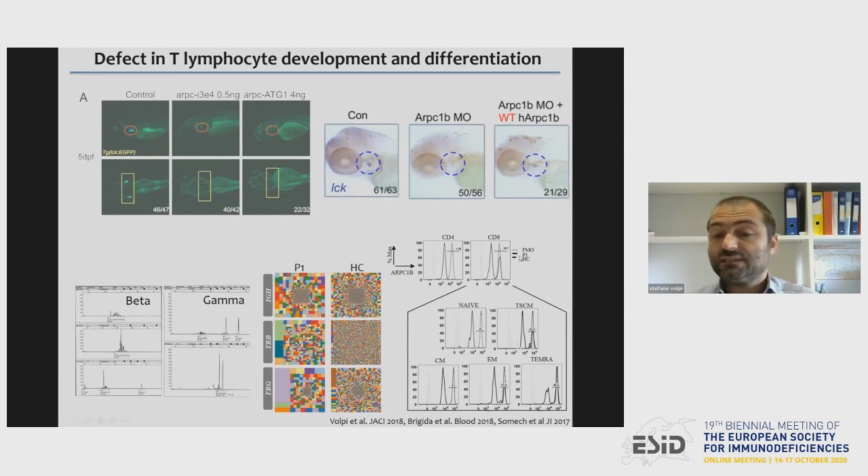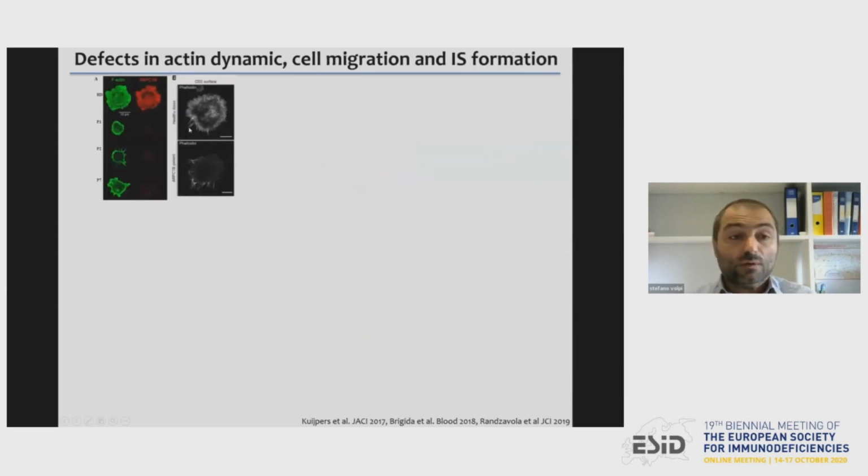Here you see in CD8 cells of our patient an expression of ARC1B in part of the peripheral blood CD8 cells, especially in terminally differentiated T cells. And this probably partially reverts the phenotype in these cells. We don't know if they're functional or not. What is the effect of an altered actin cytoskeleton?